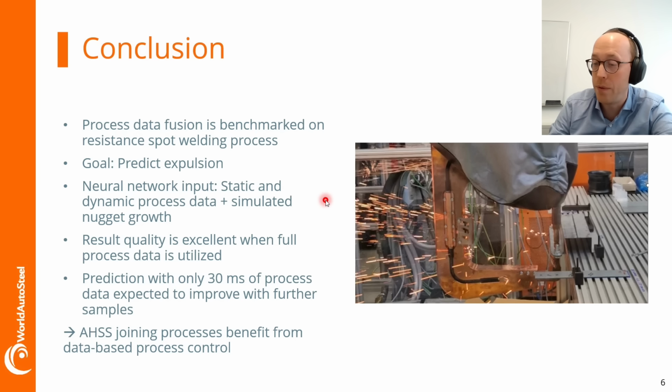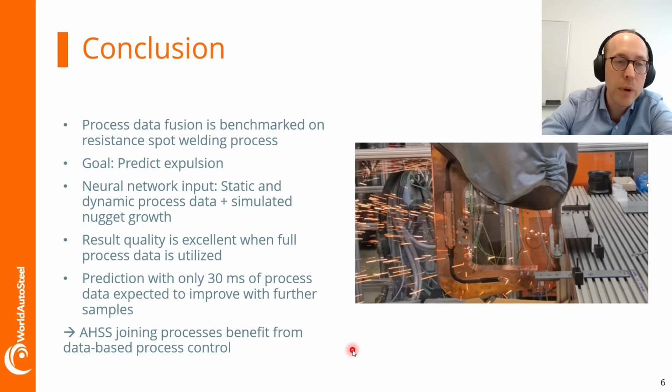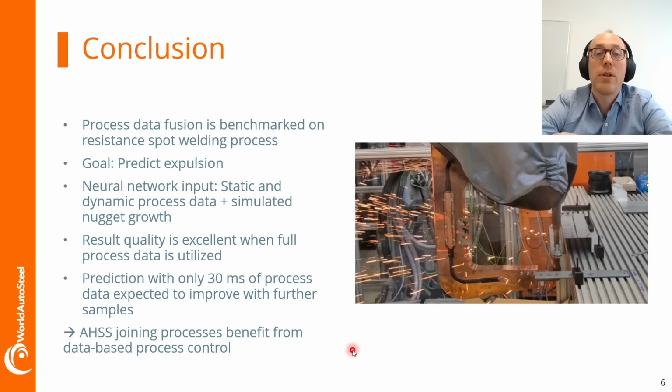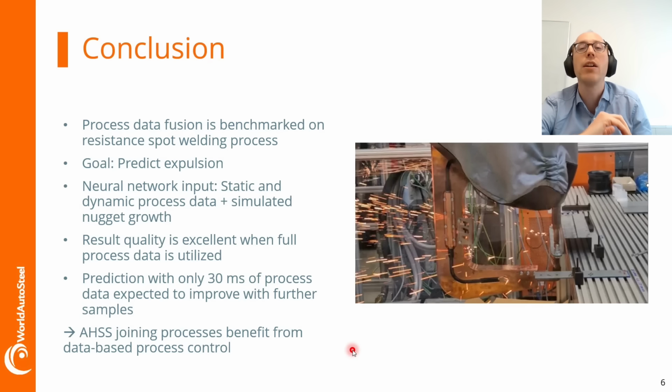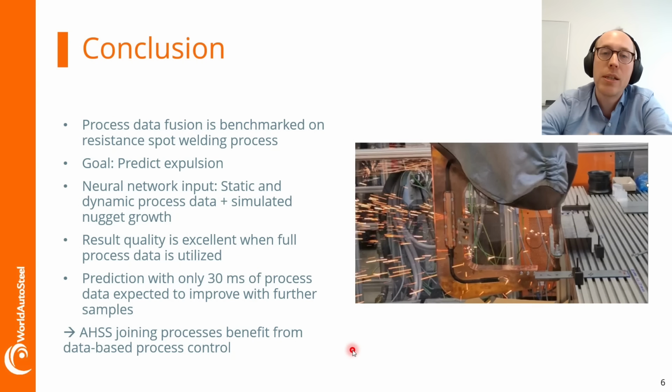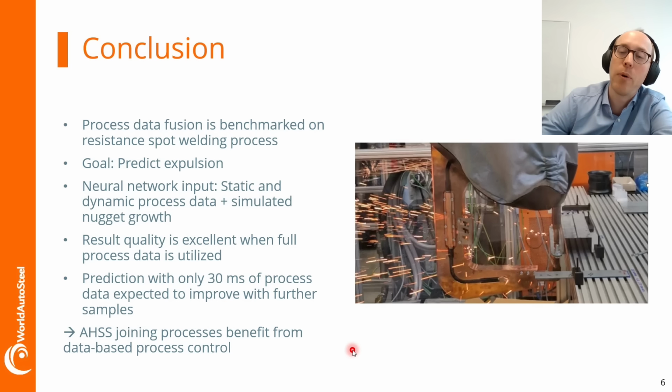This is no surprise, but we expect it to get even better with more data. So in summary, AHSS joining processes really can benefit from data-based process control, and we're just beginning to learn all the little screws and all the little toys we can tinker with to make our processes better with all the data that we already have at this point in time.